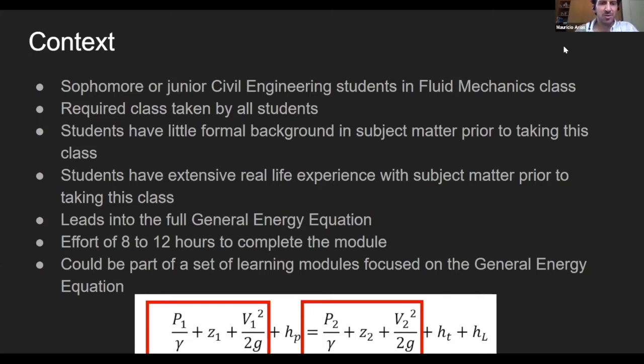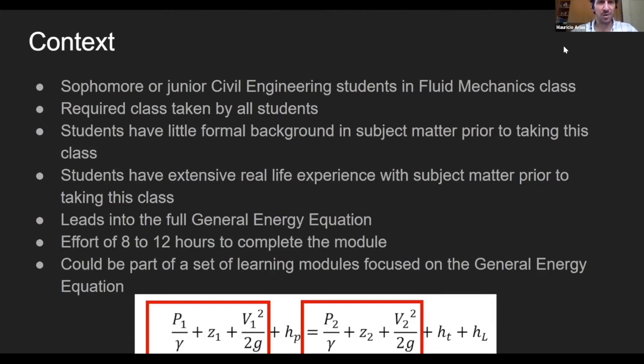We thought that the Bernoulli equation covers about maybe a third of what's covered in this class. We looked at the general energy equation. That covers probably about half of the class, and that's the equation that is written down below. For those of you who do not remember, the Bernoulli equation is specifically those components that are squared in red.